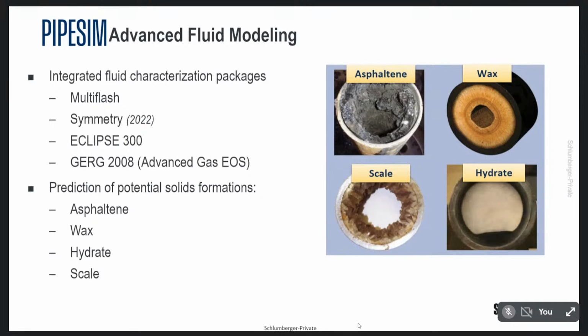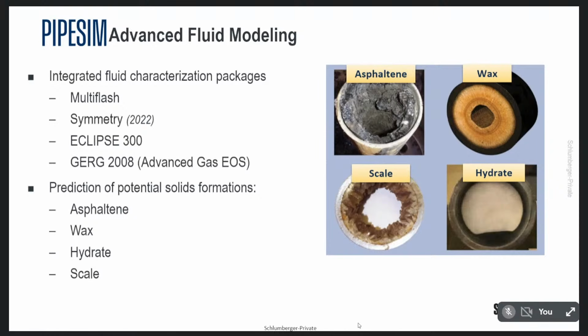We believe that Symmetry is strong in heavy oil and in CO2 modeling. Symmetry provides the CO2 solid line on top of the phase diagram, in addition to other strong features. We also have Eclipse 300 as a fluid engine that's also integrated with Pipesim. And we also have GERG 2008, which is used mainly for single component systems, again CO2 and others.